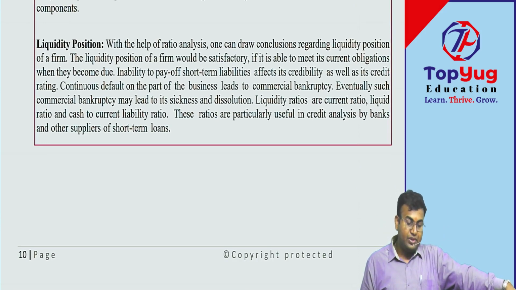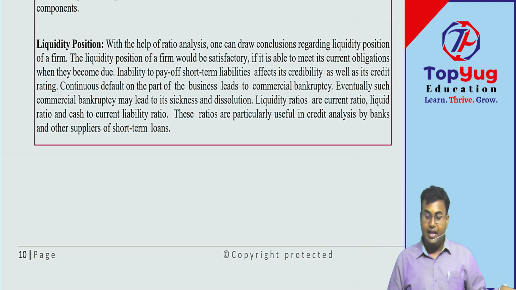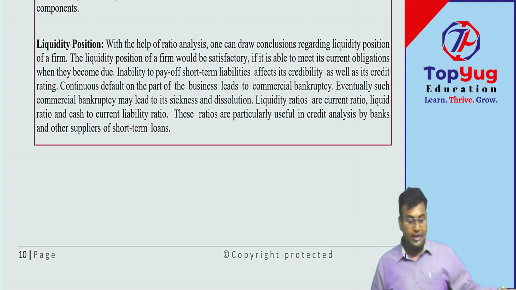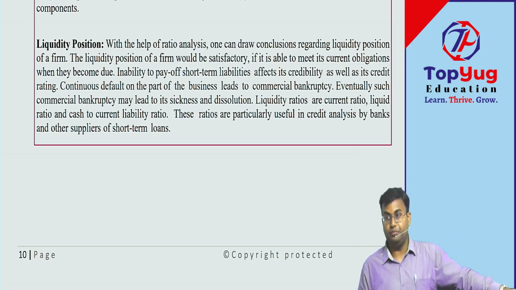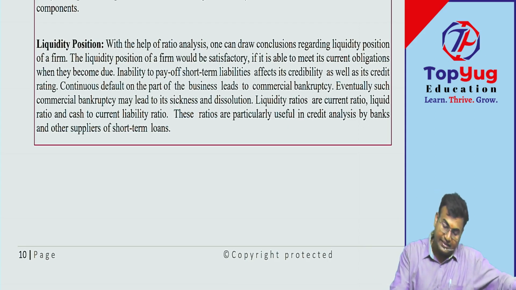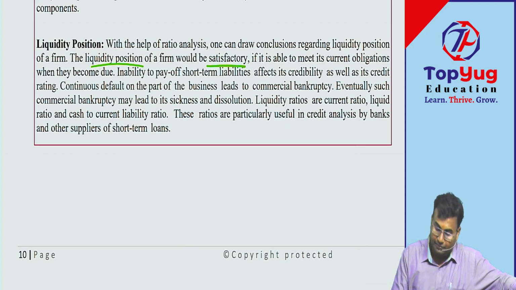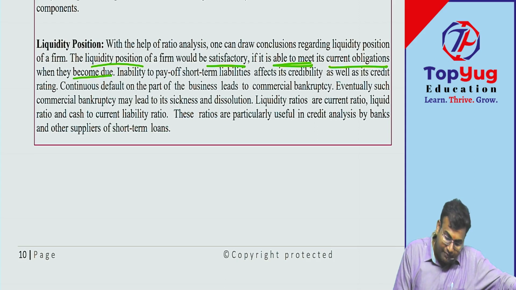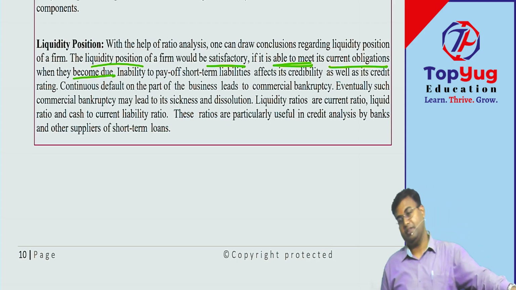With the help of ratio analysis, one can draw conclusions regarding the liquidity position of a firm. The liquidity position of a firm would be satisfactory if it is able to meet its current obligations when they become due. Very important line, sir, and that is what you have to underline.